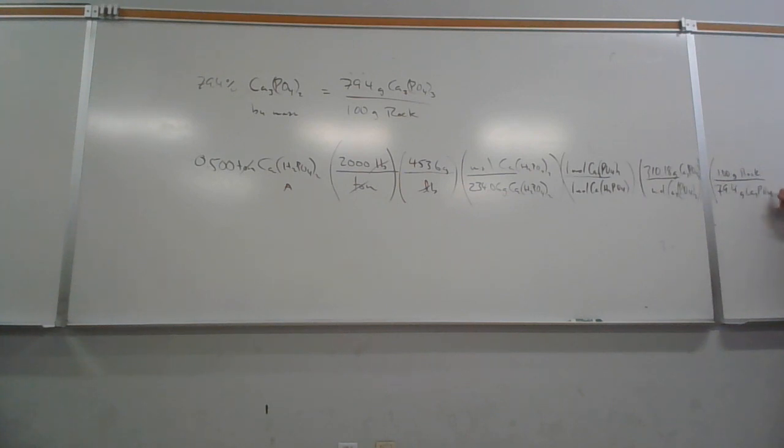So there's just one extra step here, basically. And this is going to give me grams of rock, but they don't want grams of rock. They want tons of rock? No, they want kilograms of rock. All right, so if we're going to go to kilograms of rock, then we'll just convert this into kilograms. 1 kilogram is equivalent to 1,000 grams.